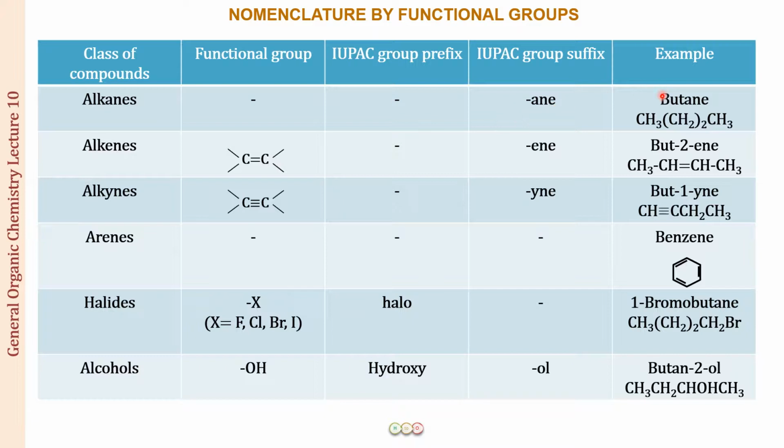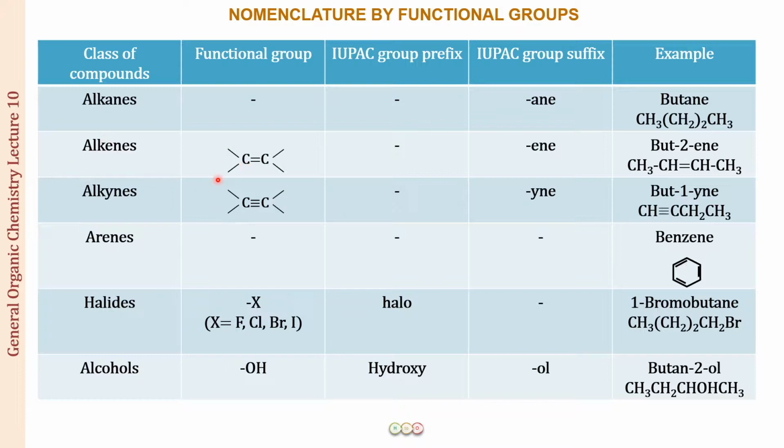For example, we have butane, a 4-carbon molecule, all carbon-carbon single bonds. Next we studied the alkenes and alkynes, where there is a carbon-carbon double bond or a carbon-carbon triple bond present in the organic molecule. These are not regarded as functional groups according to the IUPAC nomenclature.